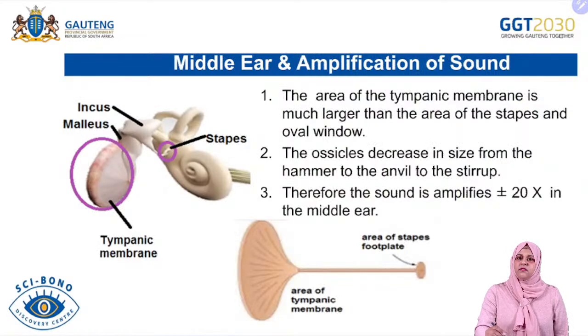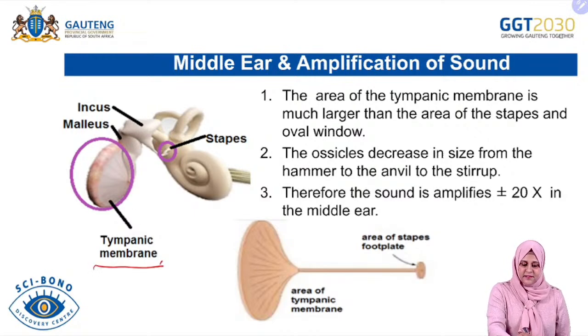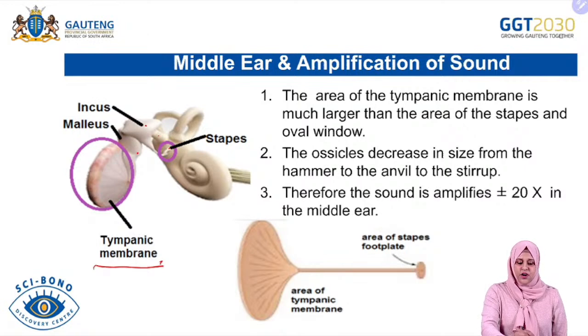Now, let's talk about the amplification of sound. The tympanic membrane is this large membrane here. As you go along, you find the hammer, the anvil, and the stirrup, or the malleus, incus, and stapes. The area of the tympanic membrane is much larger than the area of the stapes and the oval window.